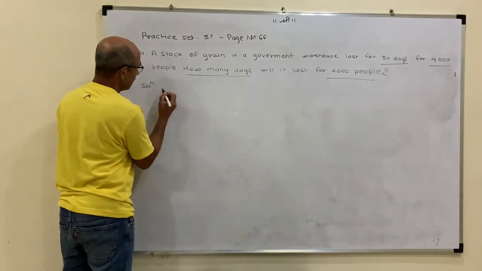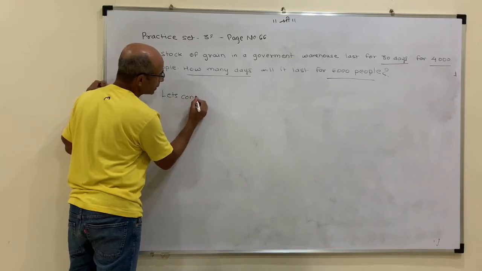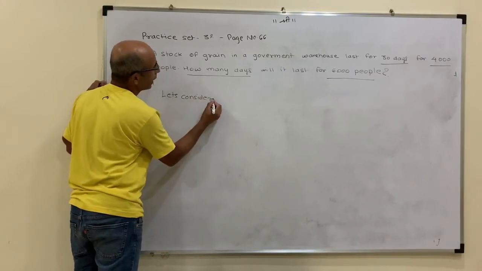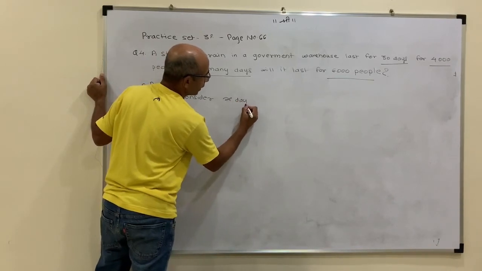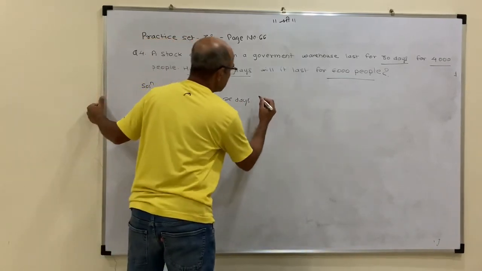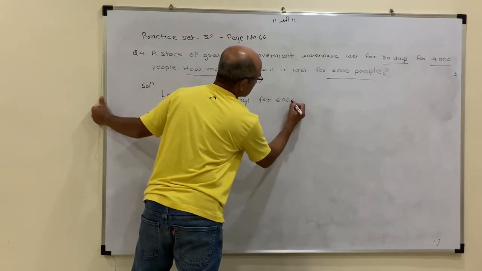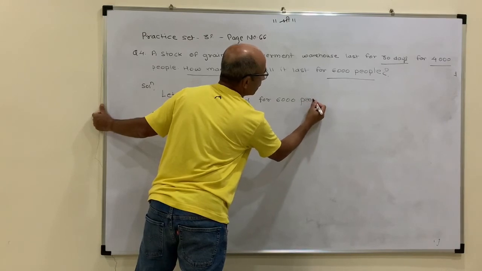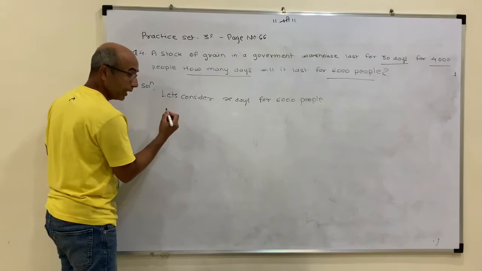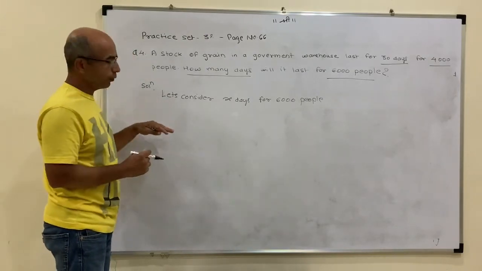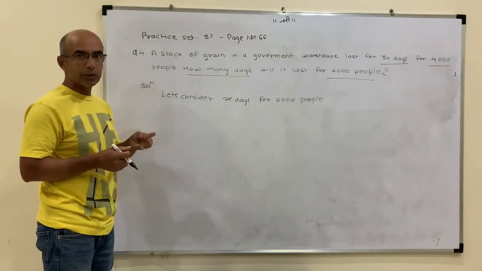So now let's consider x days for 6,000 people. Now here my equation will be, as I mentioned before, normally we solve this kind of word problem in two stages.